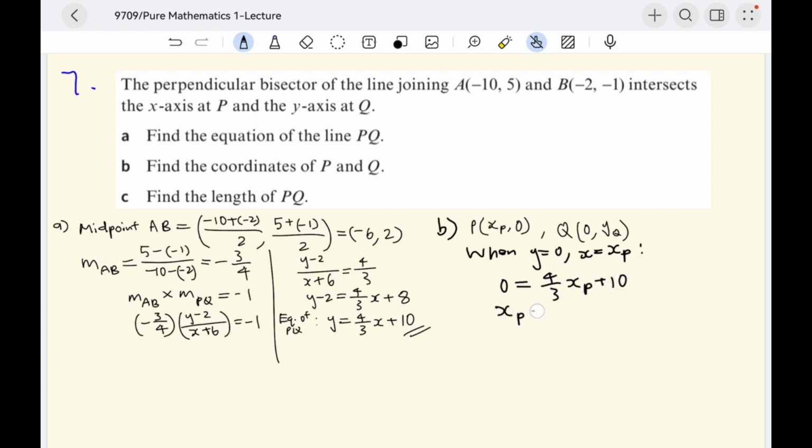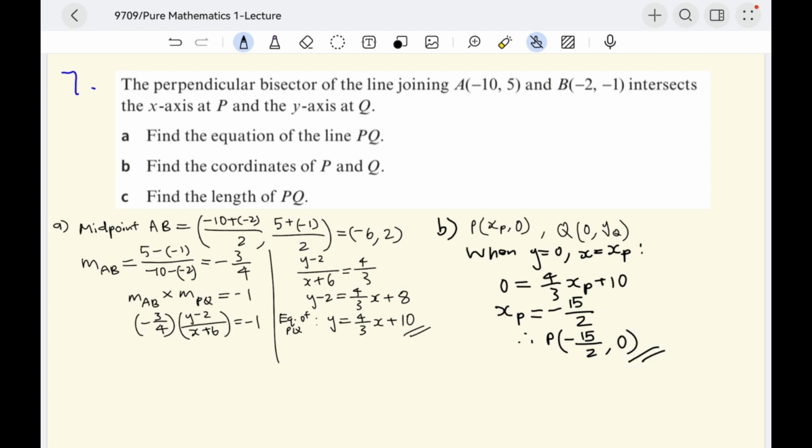So the x-coordinate of P is negative 15 over 2, which means the coordinate of P is (-15/2, 0).